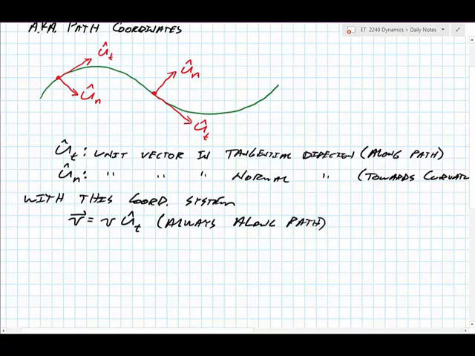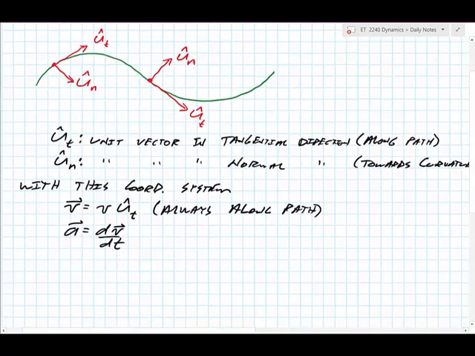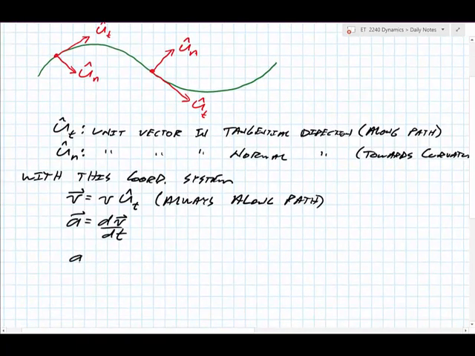Basically what that's saying is that I have a speed, and my speed will always be going along the path in this tangential direction. I also know that my acceleration by definition must be equal to the derivative of my velocity vector with respect to time. We've talked about that quite a bit. When we talk about a vector, in this case velocity, there are two different pieces to it: one is the magnitude and one is the direction.